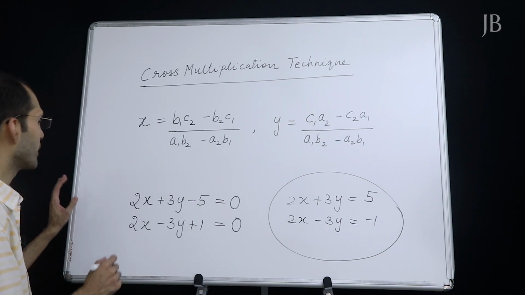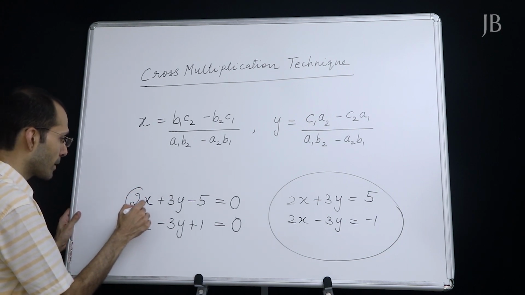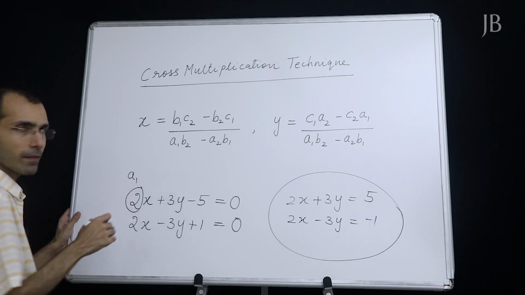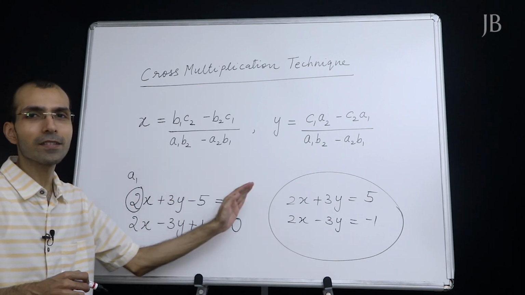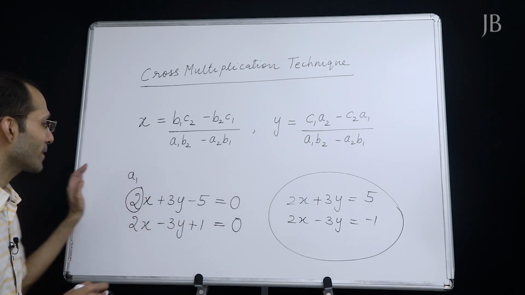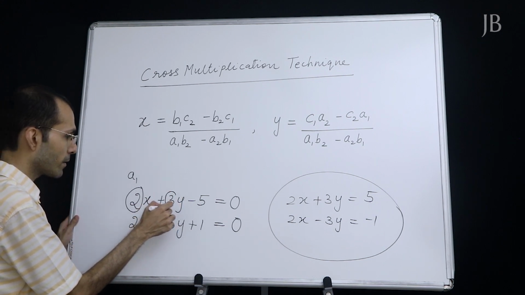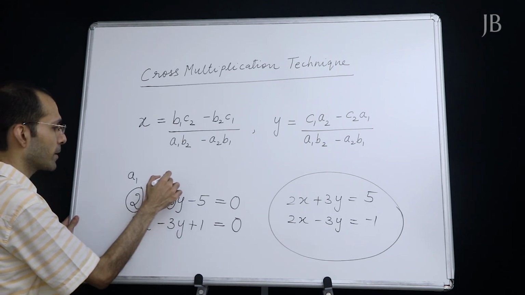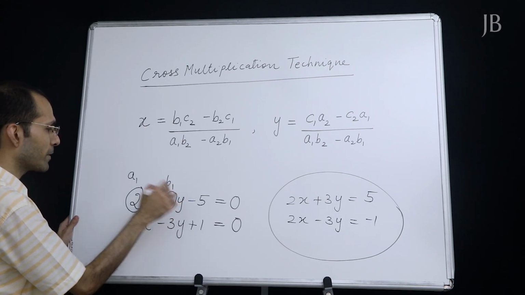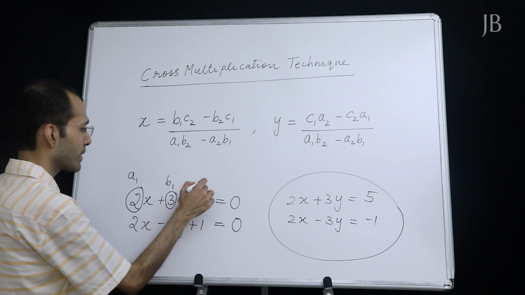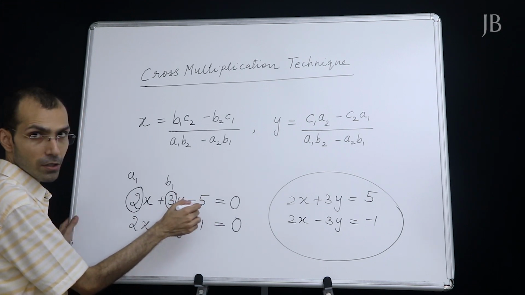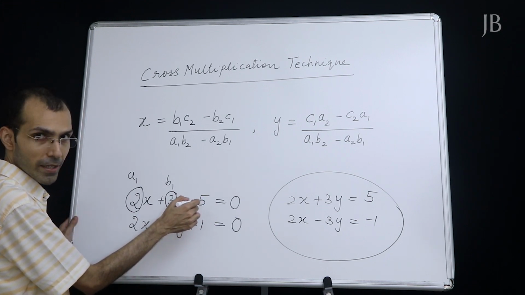Now it is very simple. This will be A1. 1 means we are pertaining to the first equation. That way you remember. What is the coefficient of y? 3. I mean positive 3, so no problem. This will be B1. So B1 will be 3. A1 will be this. And what is your constant term? 5?